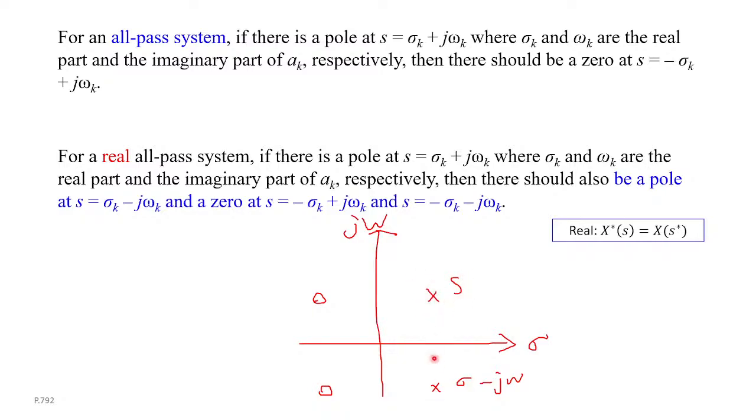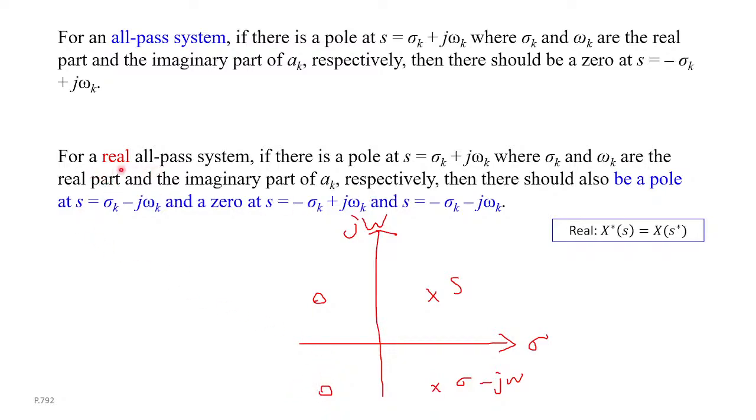So you go from here to here, and then you go from infinity to the conjugate of infinity. But the conjugate of infinity is still infinity, so you should also have a pole here. And then you go from 0 to the conjugate of 0, which is also 0. So you must also have a pole here and a zero here.